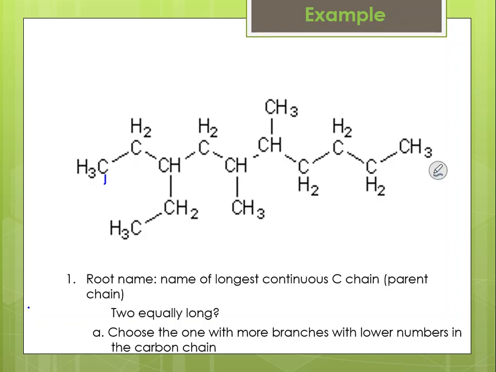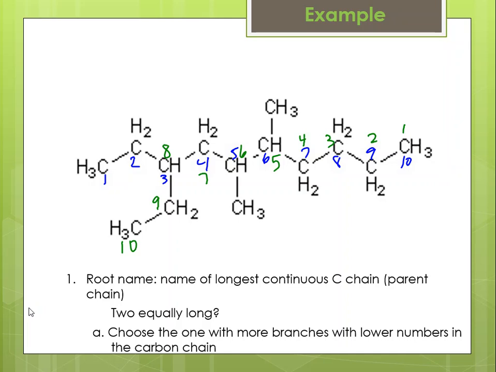Like for instance, I could go like this, 1, 2, 3, 4, 5, 6, 7, 8, 9, 10. I could also go from this aspect the other way. I could go down here, 9, 10. I'm just looking for the longest chain.